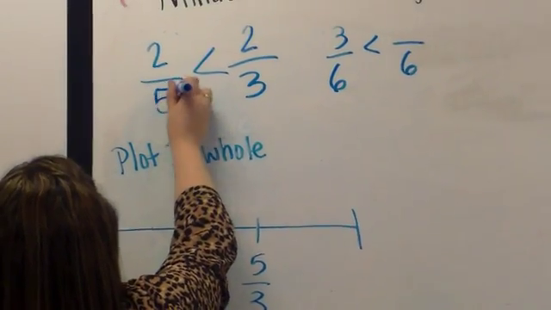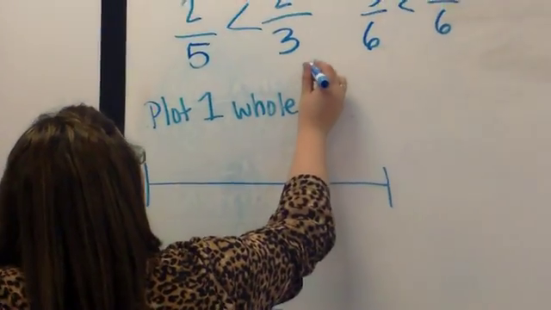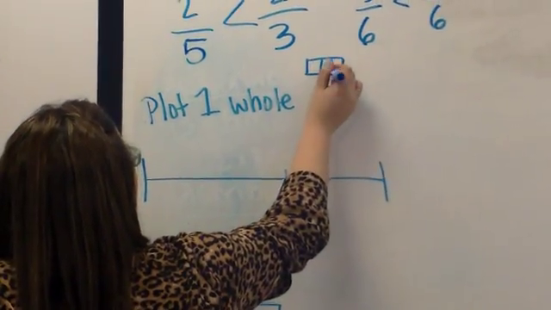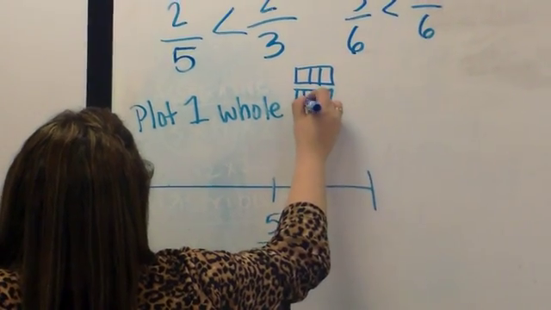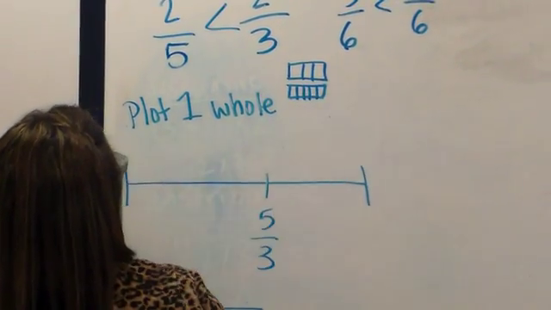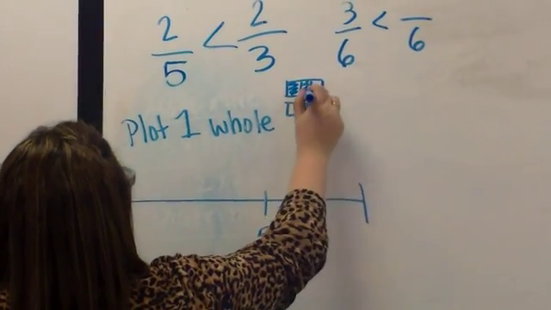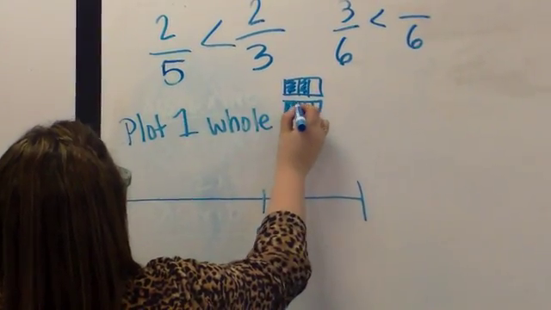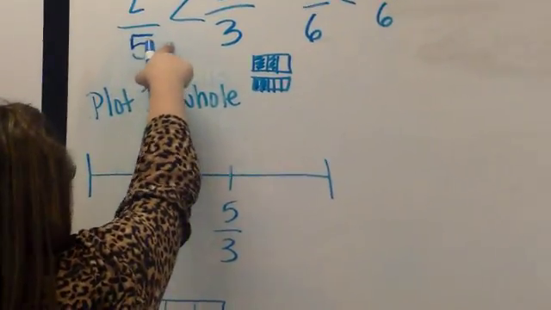If I put the denominator 5, that makes the number sentence true, because a whole that is split into 3 pieces has larger pieces than if the whole was split into 5 equal pieces. So I can see that 2 of these thirds are bigger than 2 of these fifths. That makes the number sentence true.